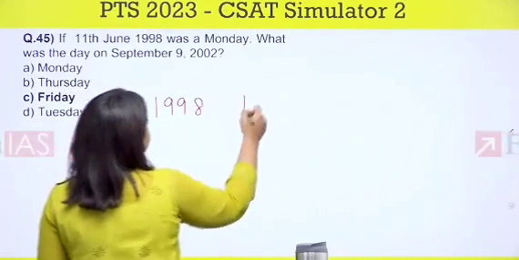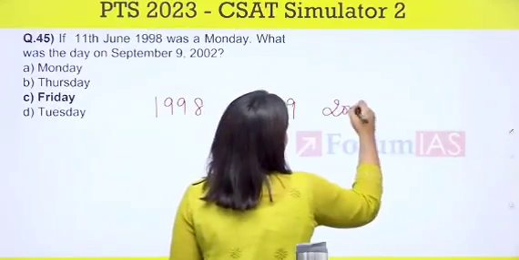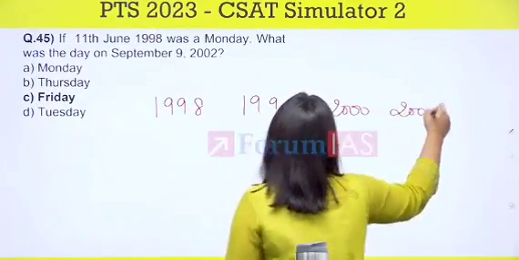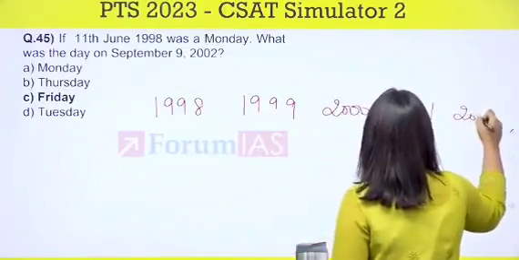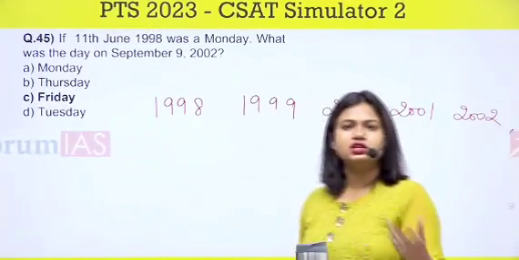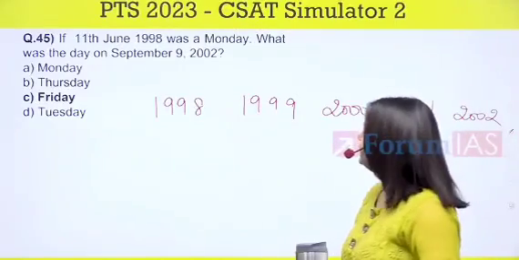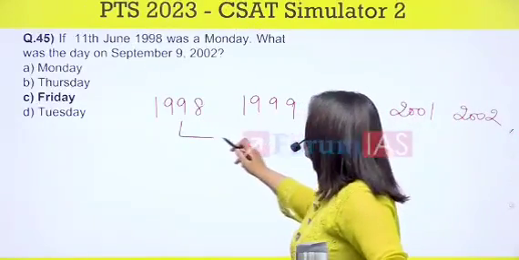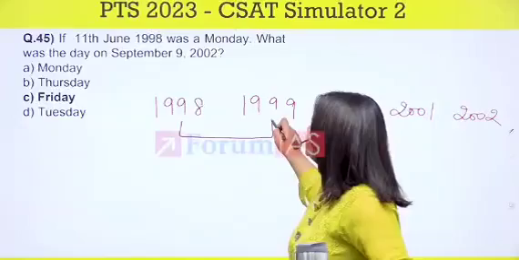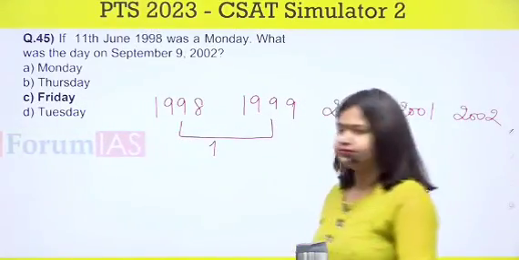1998, 1999, 2000, 2001 and 2002. Okay, so in 1 year you get one odd day. That is what you remember, right? So 11 June 1998 to 11 June 1999 will be one odd day.